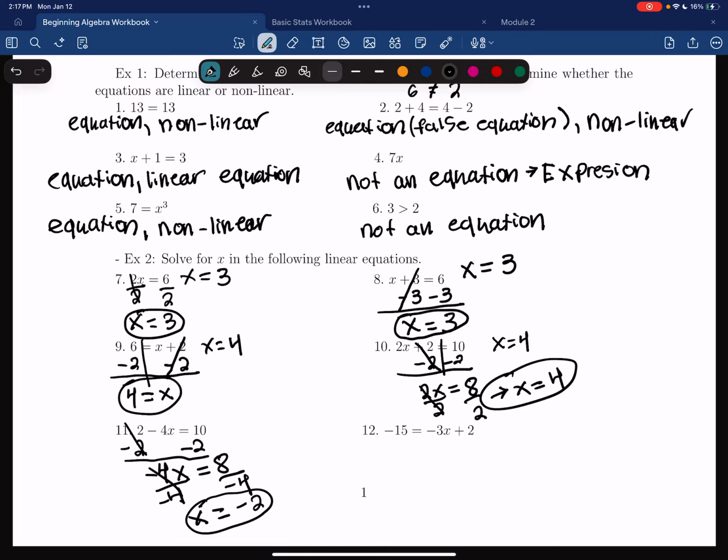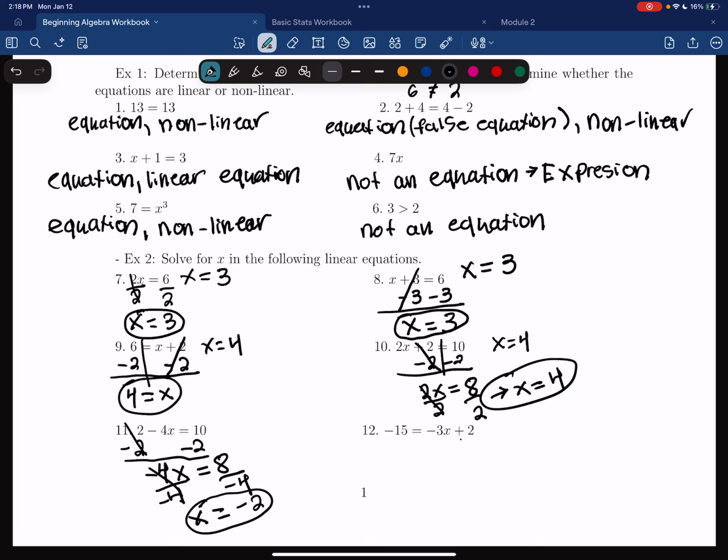Looking at example number 12, I encourage you to pause the video and try this last example on your own. And assuming you have worked through it, let's go through this together. So we have negative 15 equals negative 3x plus 2. Well, as we've seen in the other examples, we first want to tackle what's furthest away from x, or we want to tackle addition and subtraction.